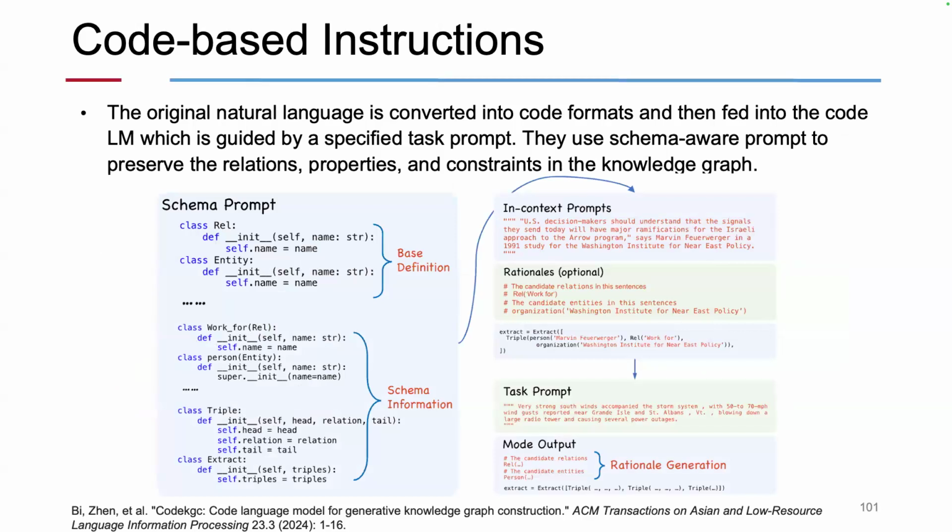So the thing they invented is called a schema prompt, right? Which means they design a way to automatically write code, and the code is written based on a given schema, the schema of a knowledge graph or the schema of the triplet that you need to follow to formulate your triplets. Then they use this so-called schema prompt in their prompts, right?